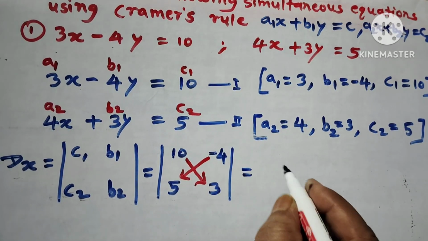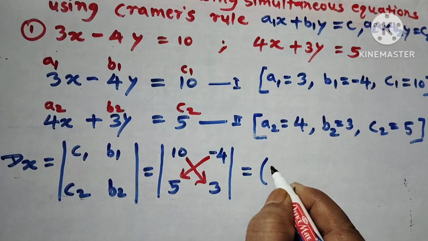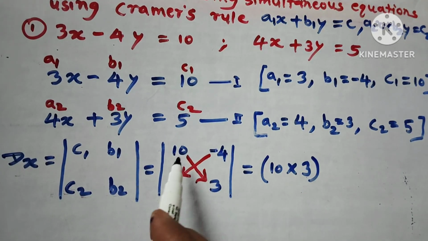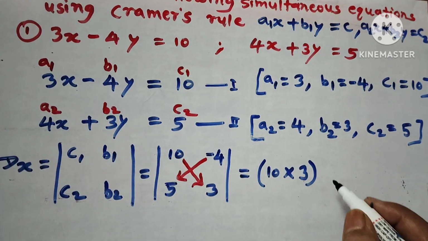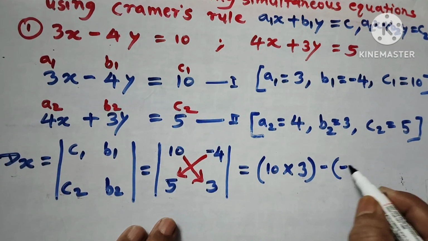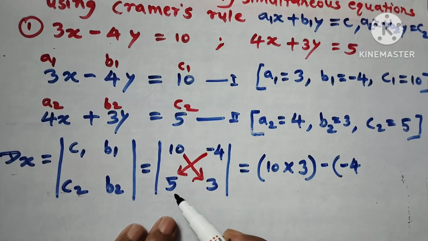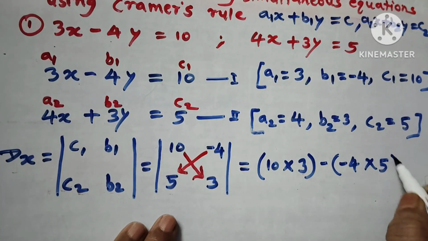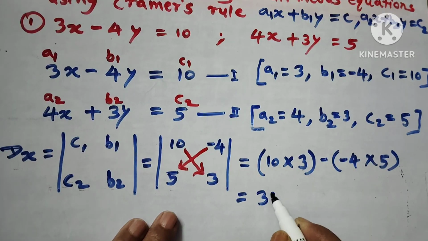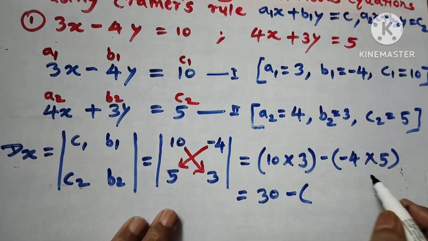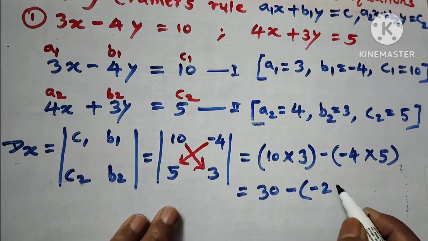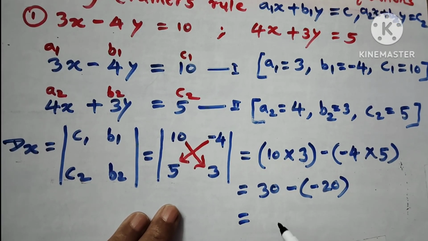Is equal to, in bracket, 10 into 3, minus, in bracket, minus 4 into 5, is equal to 10 into 3, 30, minus 20.